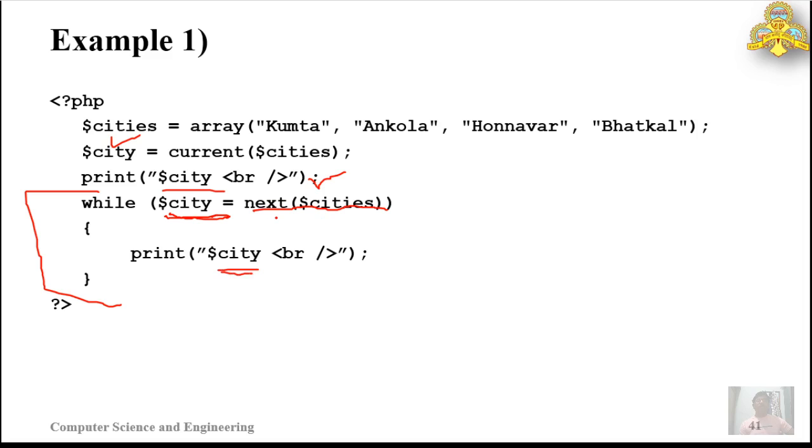If the next function reaches the end of the array, meaning there are no further elements, then it returns false. The while loop checks the value: if it is not false, its value is processed, otherwise loop execution is terminated. That means if $cd contains false, then the while loop will terminate.